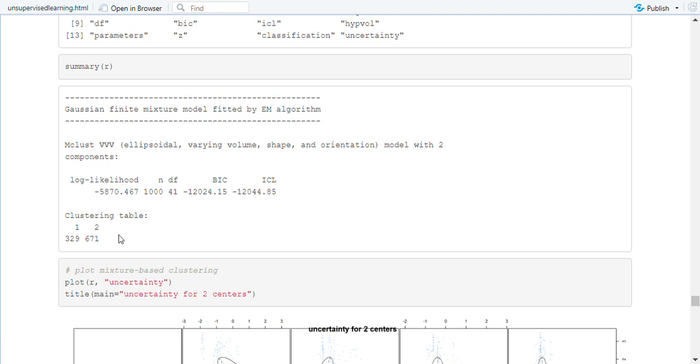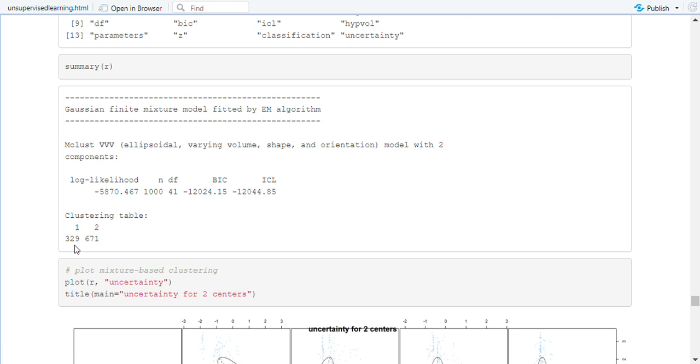Clustering table: 1 is for the nasal class, 329 of them, and 2 is for the oral class, and there are 671 of them.